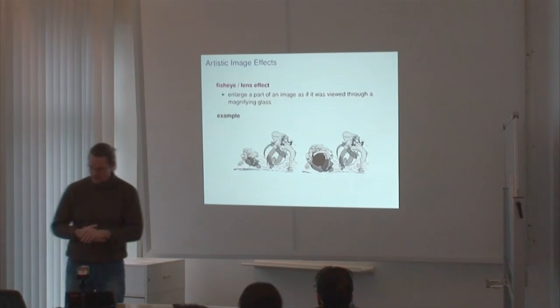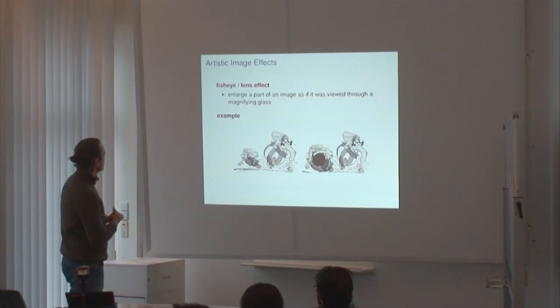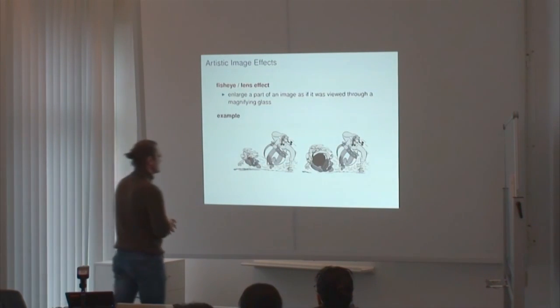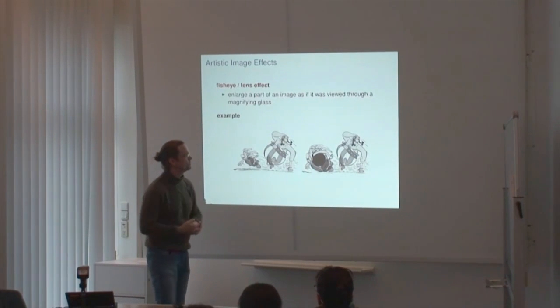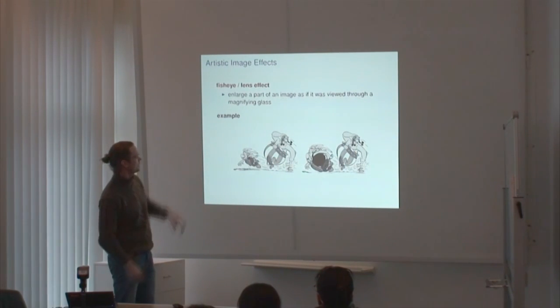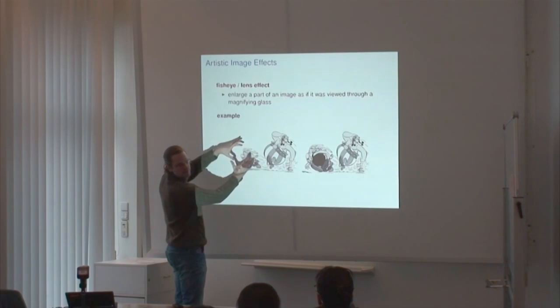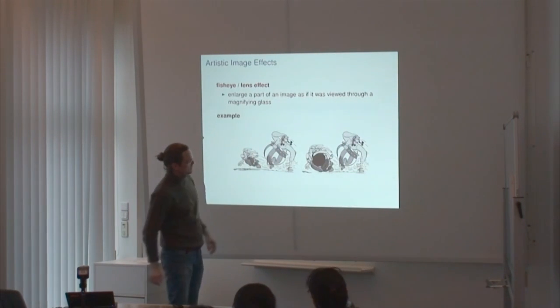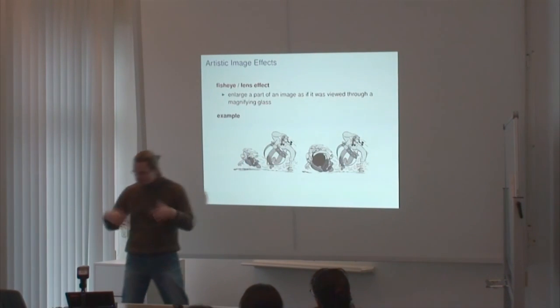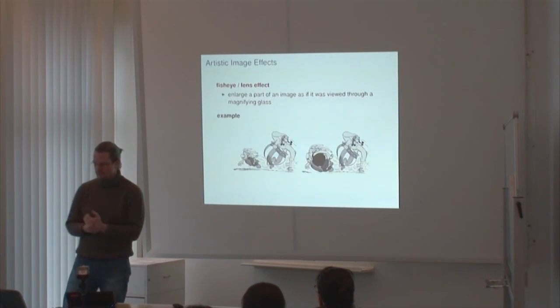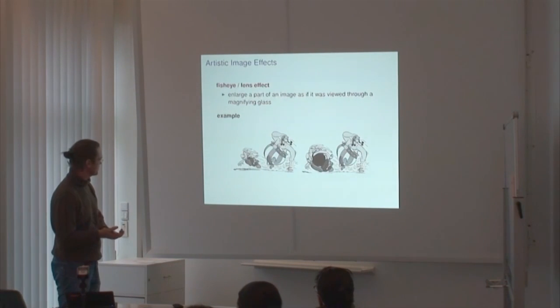The idea is to warp an image such that the result looks as if it was viewed through a magnifying glass. Say we would put a magnifying glass over here. Then that would probably be the result. Maybe I should actually bring a magnifying glass eventually and see.